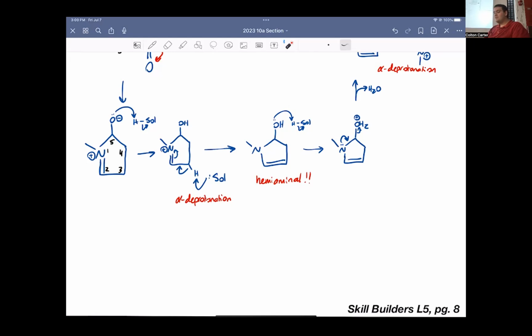Did we have another situation recently where we had an amide and we added lithium aluminum hydride? In which case, what functional group did we make? An amine. So amide, lithium aluminum hydride, we should make an amine. What amine should we make? How should we change this?